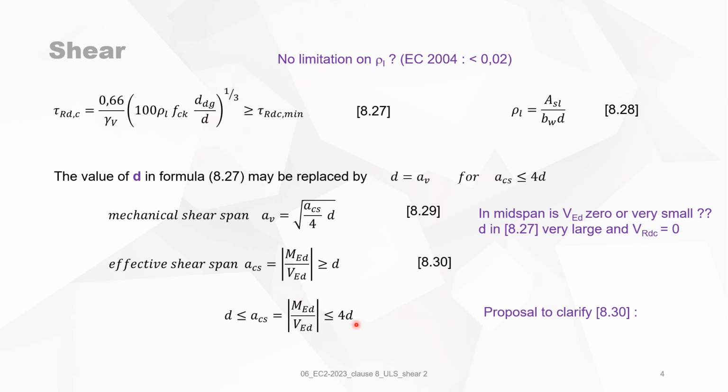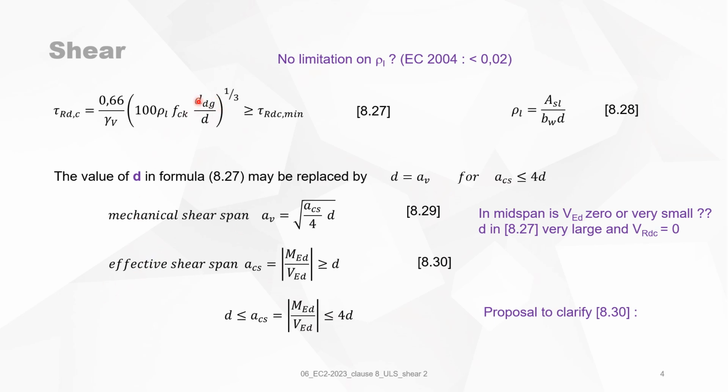Then it's much clearer for the user to apply this. Because when the effective shear span is equal to 4d, then you see a_cs here in this formula 8.29, it's 4d. So the mechanical shear span is always smaller or equal to d. And that makes sense.